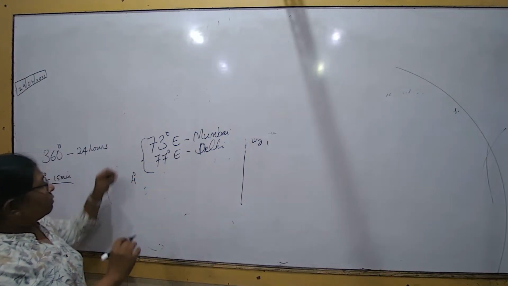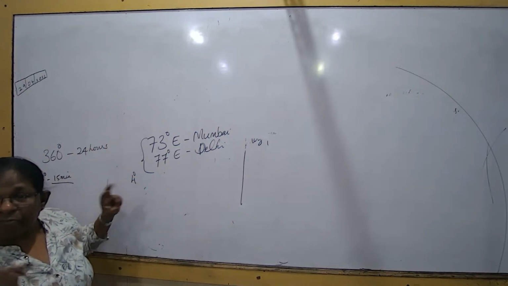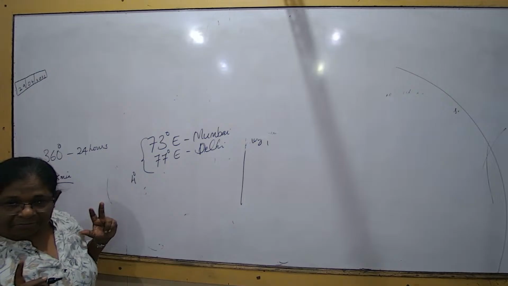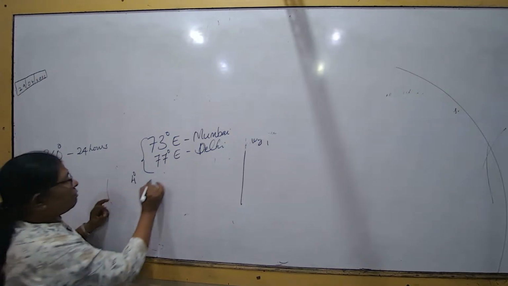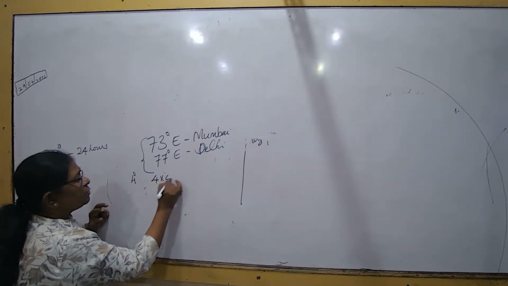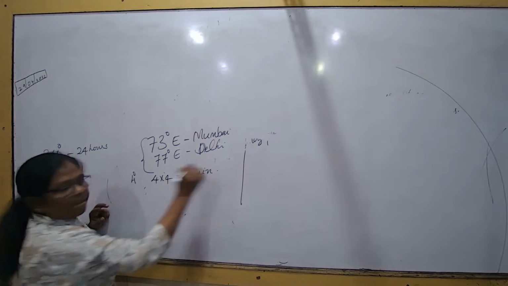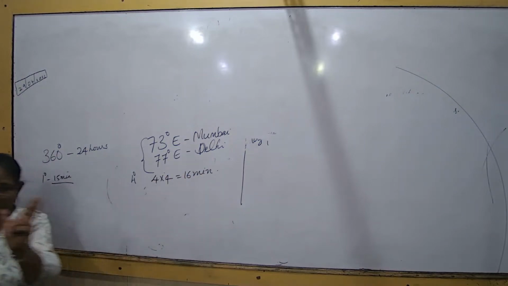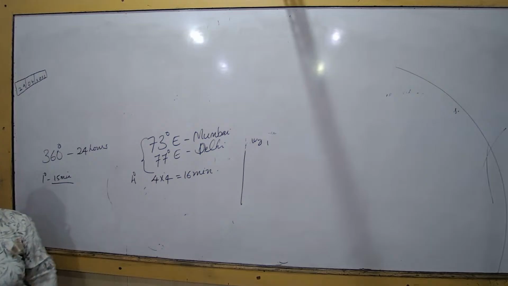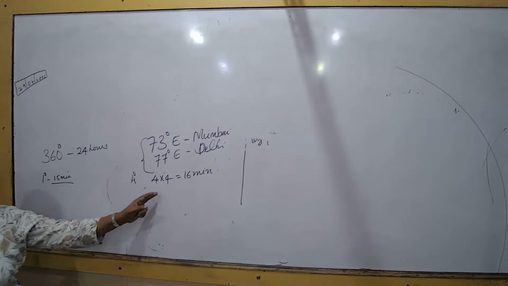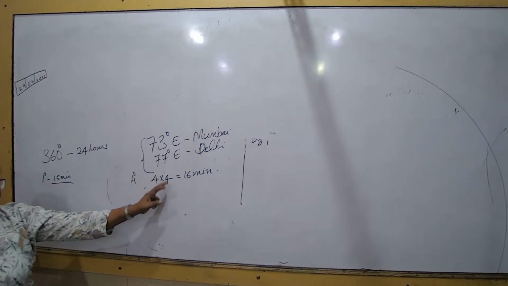Now, each degree is 4 minutes difference. So, 4 into 4, 16 minutes. So, between Mumbai and Delhi, 16 minutes, 4 degrees difference.